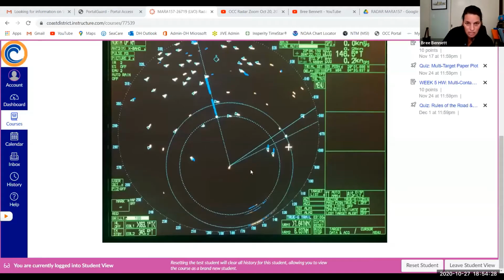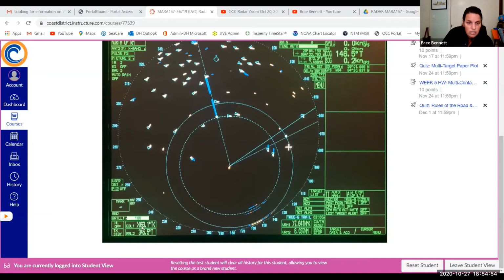Back to our Canvas page. Let's see where it's set here. We have our EBLs and our VRMs down here on this radar. Our EBL, we have our heading flasher, and then this is our EBL. It is on this target at 063-ish.